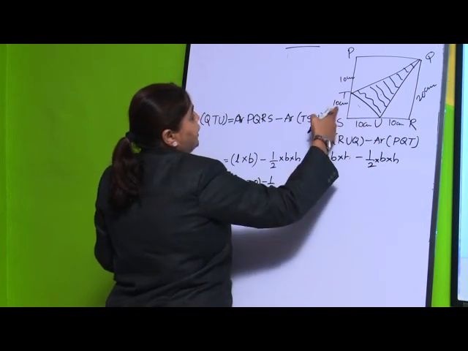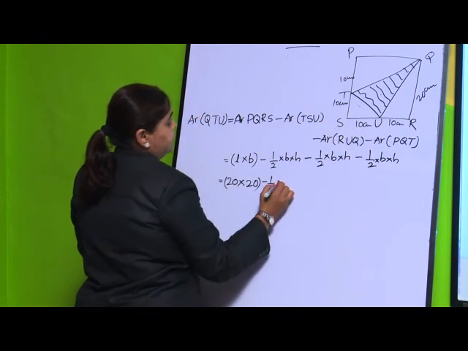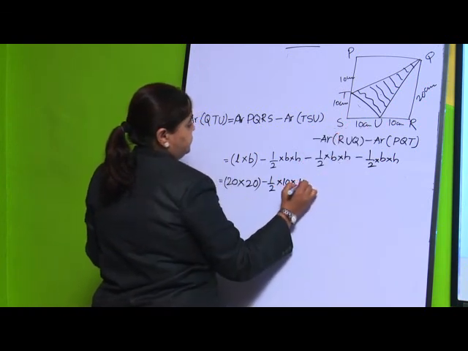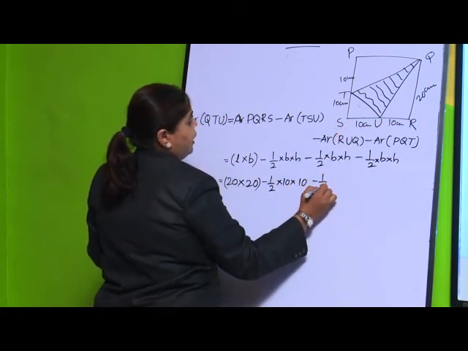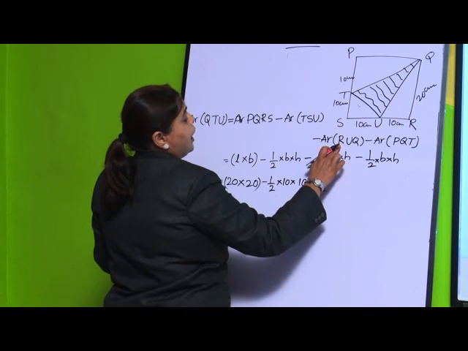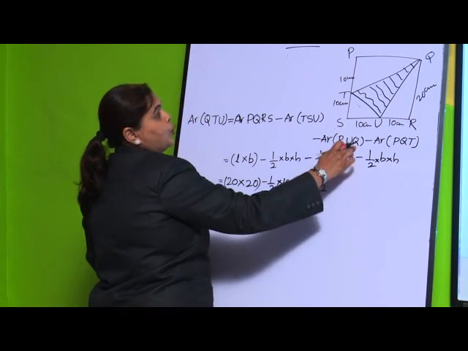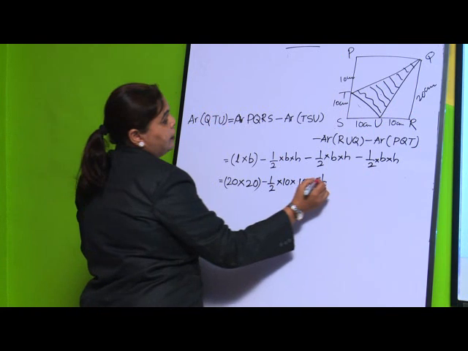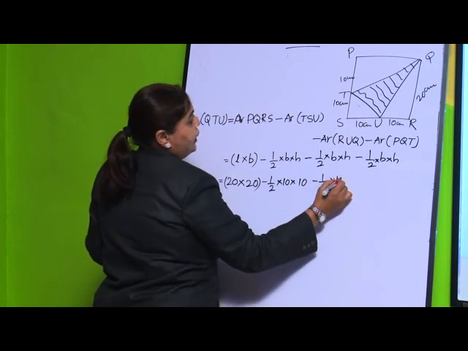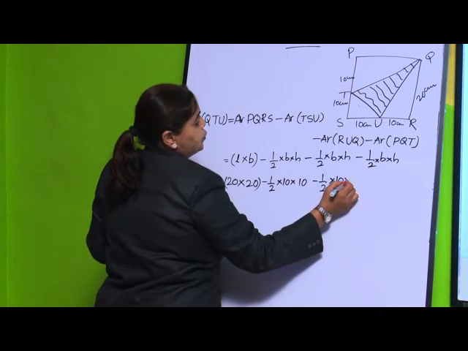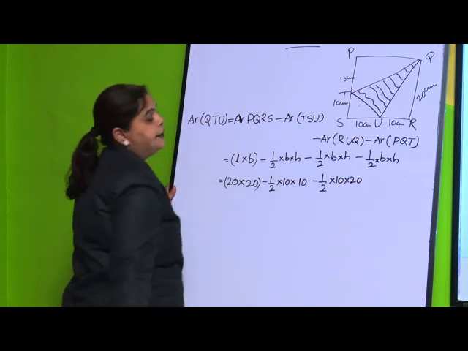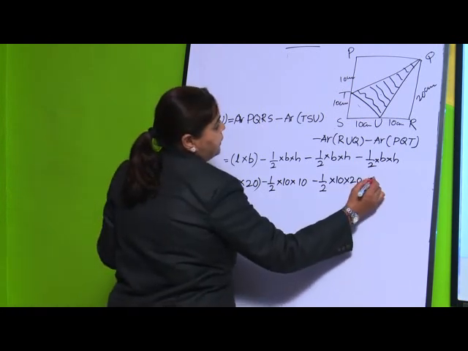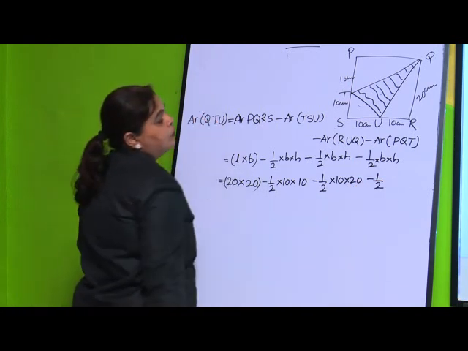So, TS is 10, SU is 10, minus half. Now, we are considering RUQ. So, RU is 10 and QR is 20. Base is 10 and height is 20, minus half.